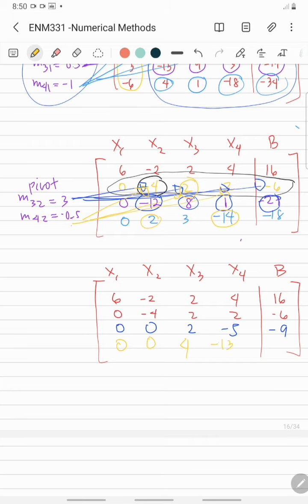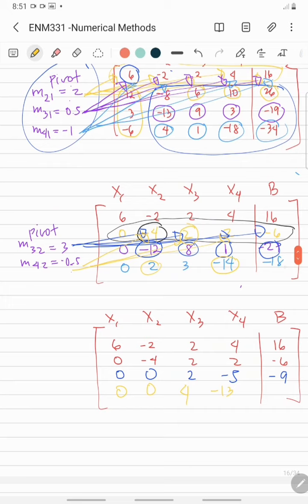Then, okay, we have here negative 18 minus 0.5 times negative 6. Okay, that is negative 21. So again, these are our values for our row 4.